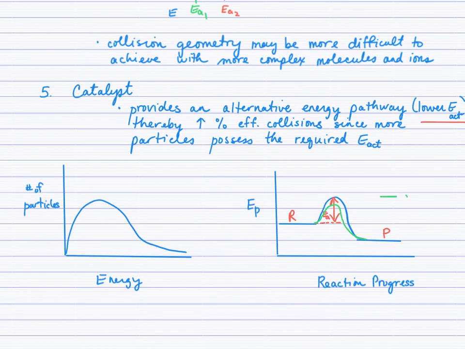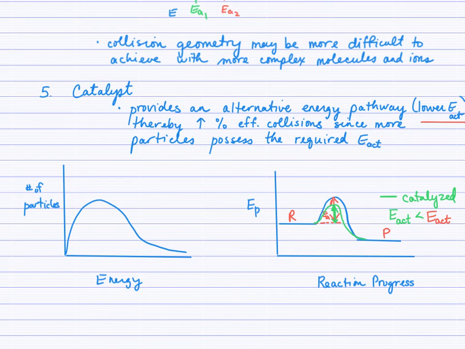So the green pathway here is catalyzed. And hopefully you can see that the activation energy for the catalyzed reaction is actually less than the activation energy that I originally drew for the blue curve that I labeled in red.